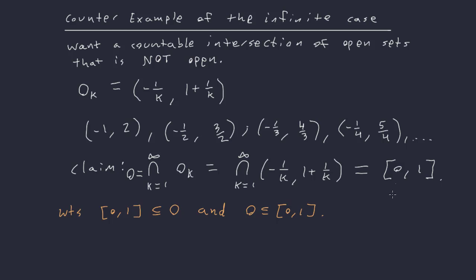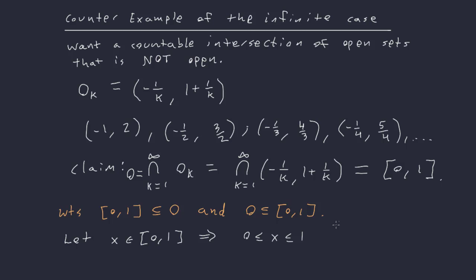Okay, so that is going to prove that these two sets are equal. This first direction isn't going to be too bad. I'm going to start by letting x be in 0 to 1 closed. So this implies that 0 is less than or equal to x, which is less than or equal to 1.